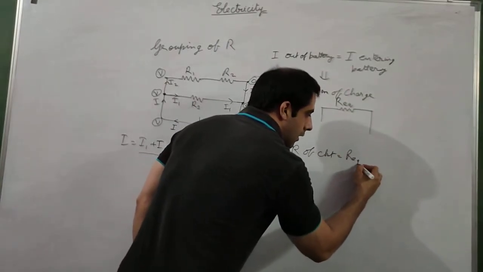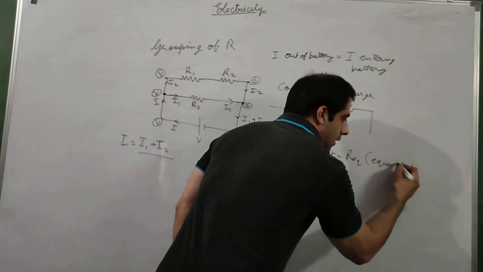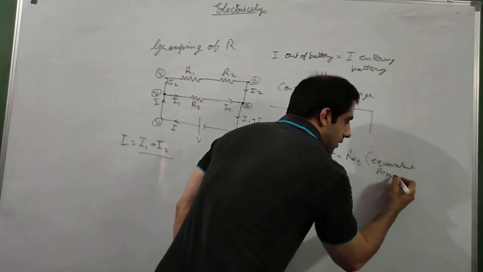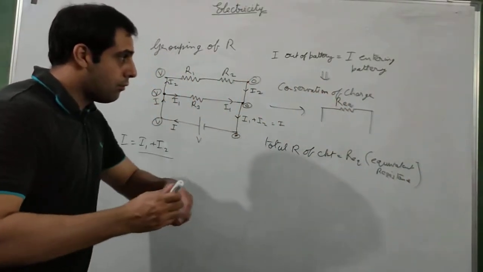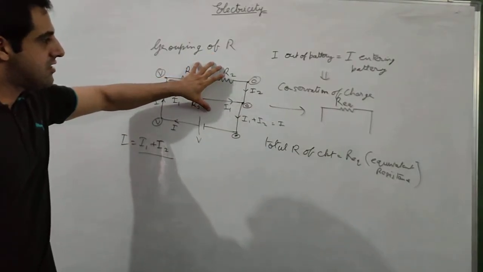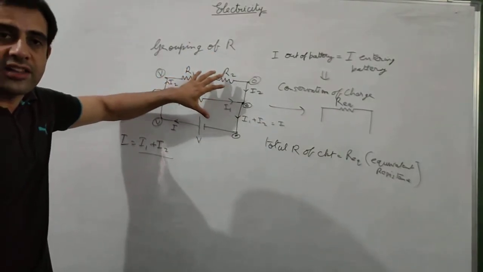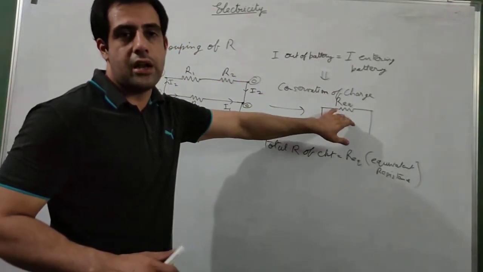Req is equivalent resistance. Equivalent resistance means the resistance which can substitute this group. So whatever is the value of R1, R2 and R3 combined, the same value this Req has.